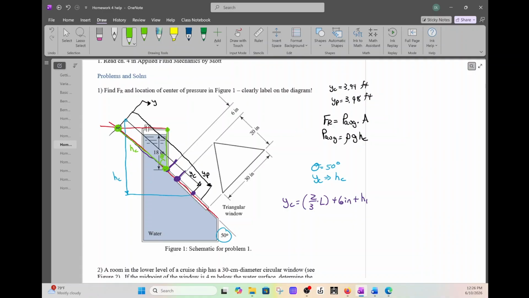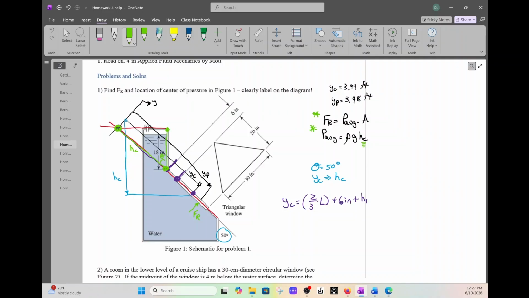So the recap: you have to create the Y coordinate system. Draw a line down, label it YC, draw another line, label it YP. This is where FR is going to act, perpendicular to that. We know that FR is P average times A, and P average is rho g HC, and we need to figure that HC value out.